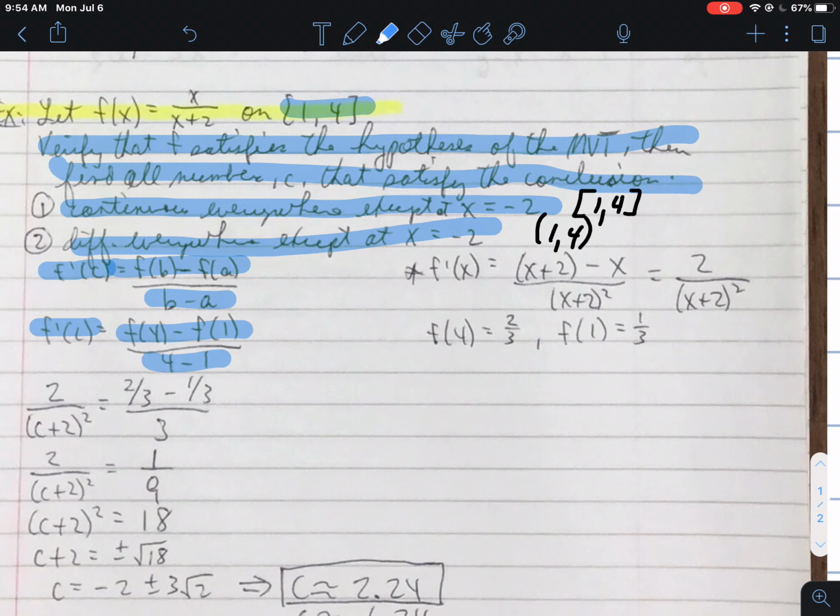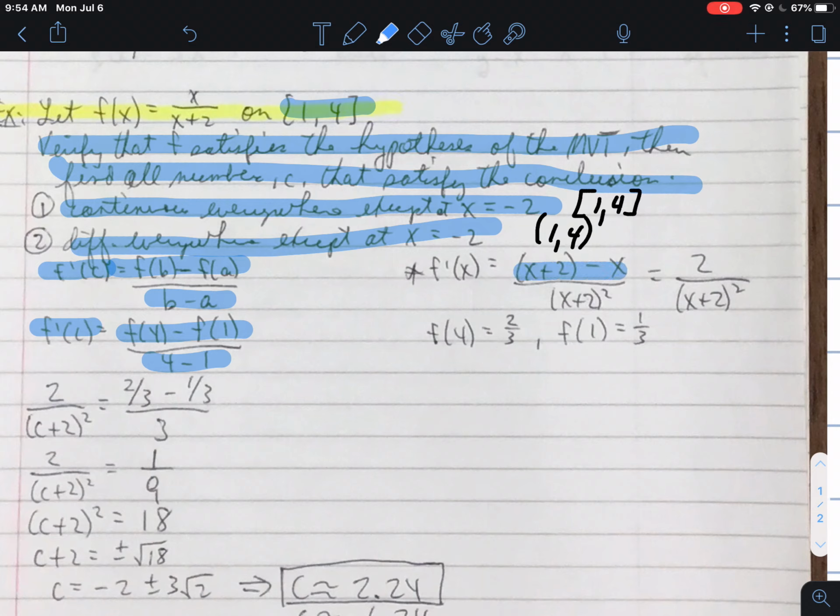And a in this case is 1, our left endpoint of our interval. b is 4, the right endpoint. So f prime of x, and since f of x equals x over x plus 2, that is going to be a quotient rule, right? So again, it's all about finding the derivative of the function, whatever type of function you have. So x over x plus 2, the derivative would be low d high.